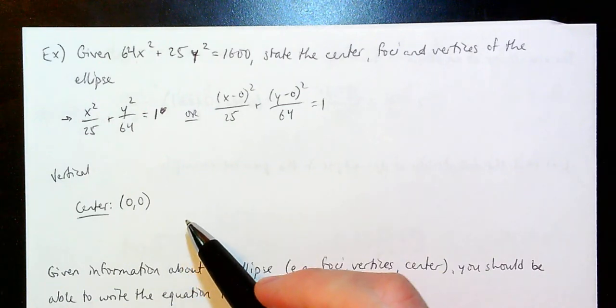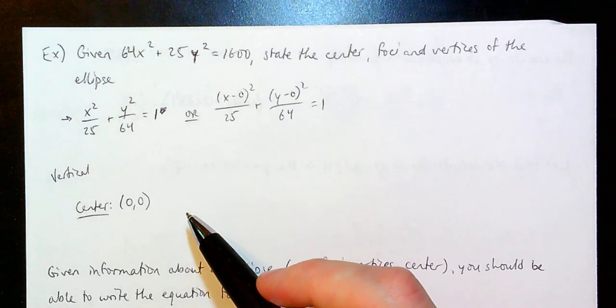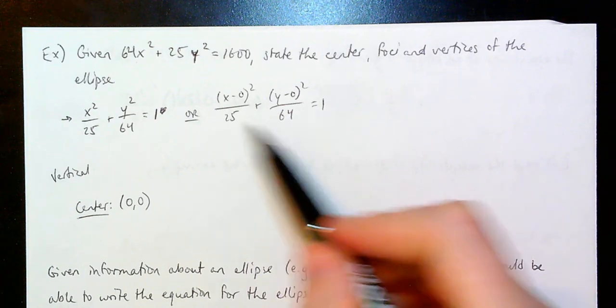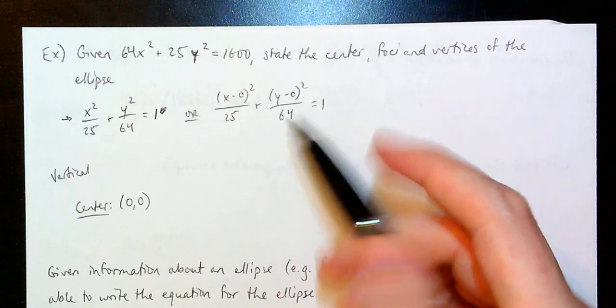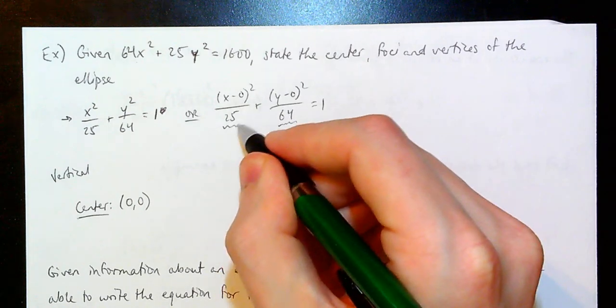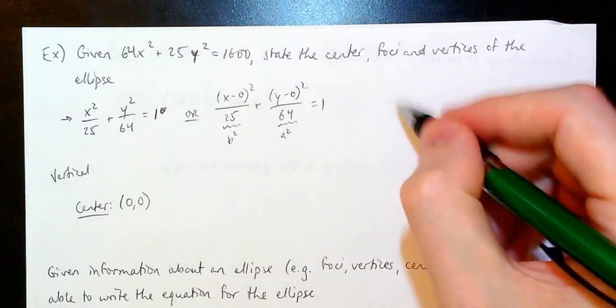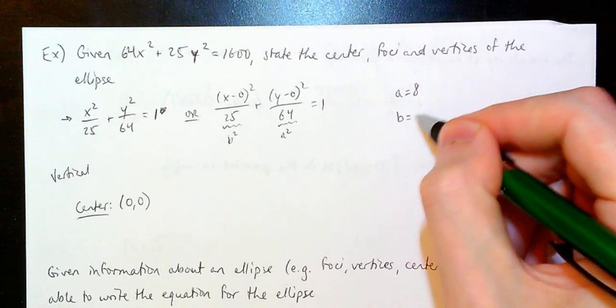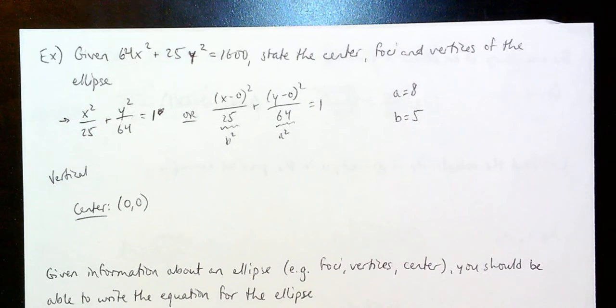We saw from our previous problem that for the vertices and for the foci, we are going to have to come up with our a and our b values. Remember, the larger number on the bottom is your a squared, which means that your other number is b squared. Thus, your a value is going to be 8, and your b value is going to be 5.